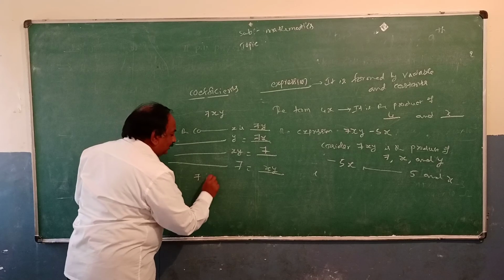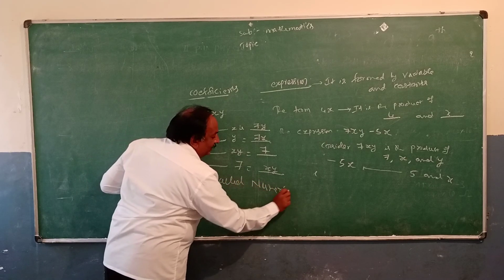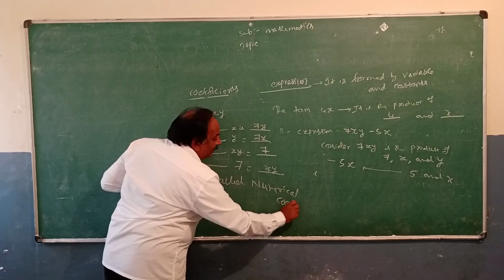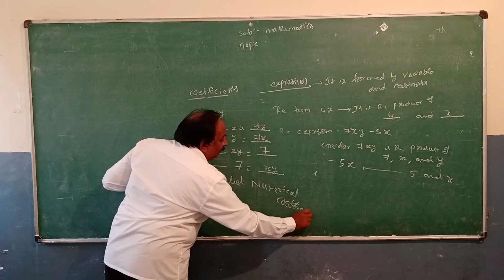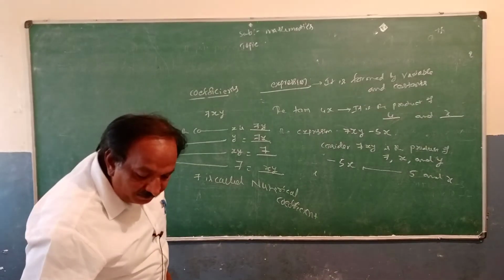Here 7 is called the numerical coefficient.